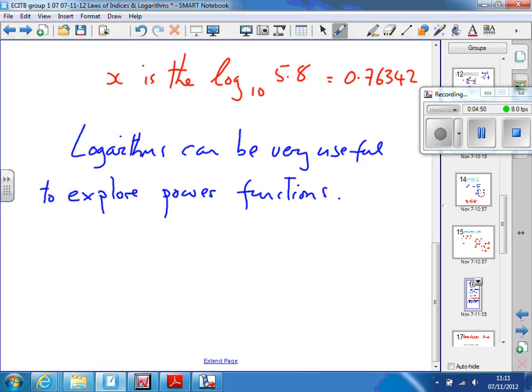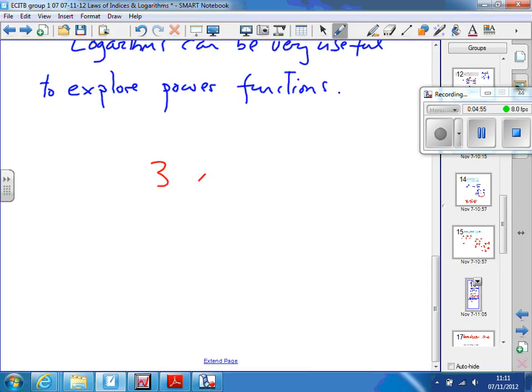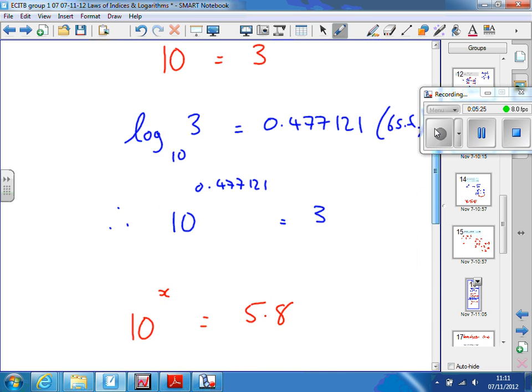For example, let's look at a situation where 3 times 4 is 12. Now, if I turn this 3 into a power of 10, and this is the use of logarithms, what would x be if I want to represent 3 as a power of 10? How would I find out what x was? We just worked it out, didn't we? Because that's the logarithm of 3.